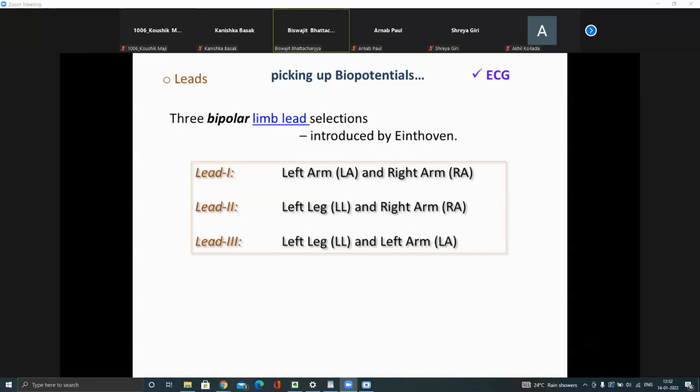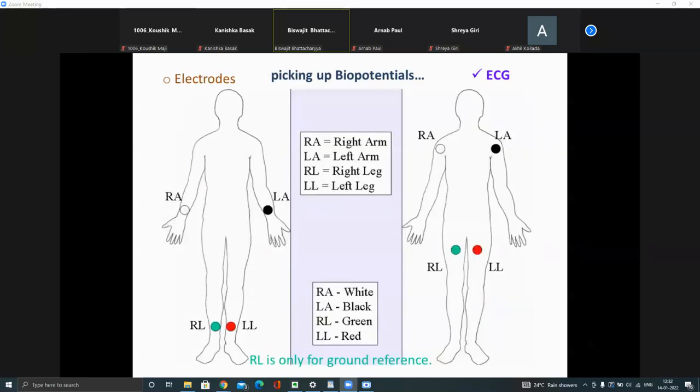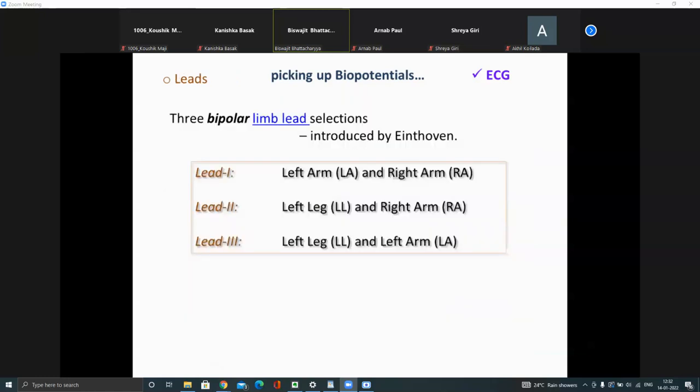Lead one is the group of electrodes between the left arm and right arm. One electrode will be in the left arm position and another electrode will be placed on the right arm. The right leg will be as usual for ground reference. So between LA and RA, that is lead one.